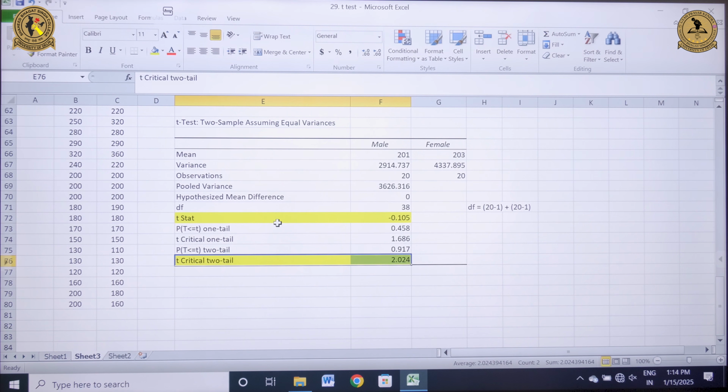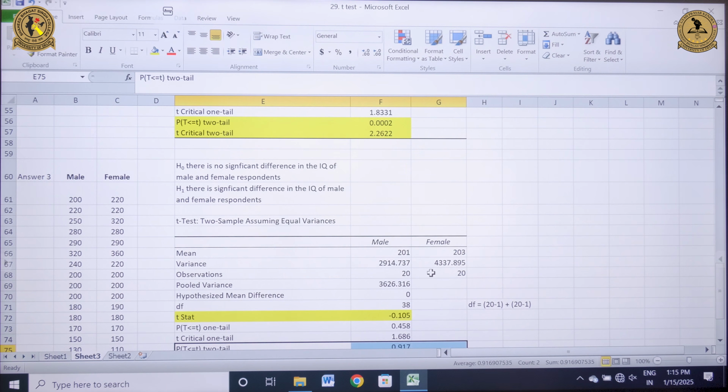The null hypothesis states that there is no significant difference between the IQ of male and female respondents. I can also arrive at the same result by comparing my p-value of a two-tail test with the 5% level of significance. Again, this 91.7% is greater than the level of significance. Hence, we can conclude that we do not reject our null hypothesis.